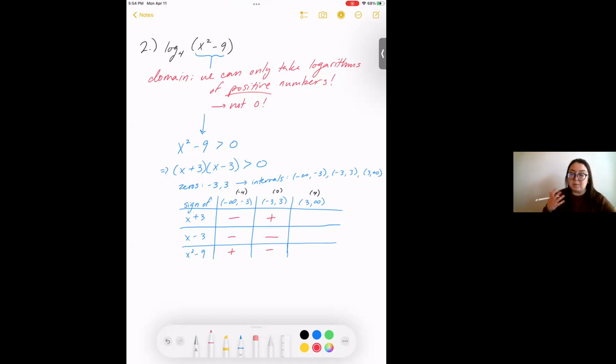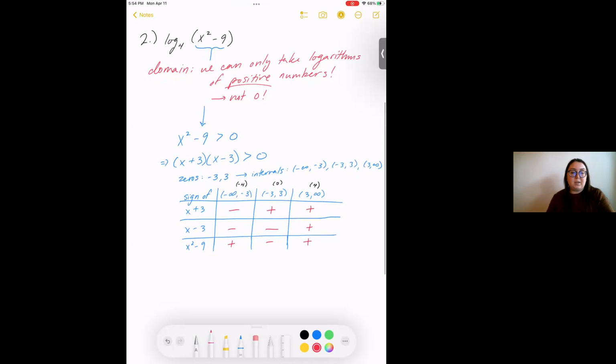Then lastly, picking the test point 4, 4 plus 3 is positive, that's going to be 7. Then 4 minus 3 is also positive, that'd be 1. So positive numbers times positive numbers gives us positive numbers. So if we wanted to know when x squared minus 9 was greater than 0, it would be at these 2 intervals.